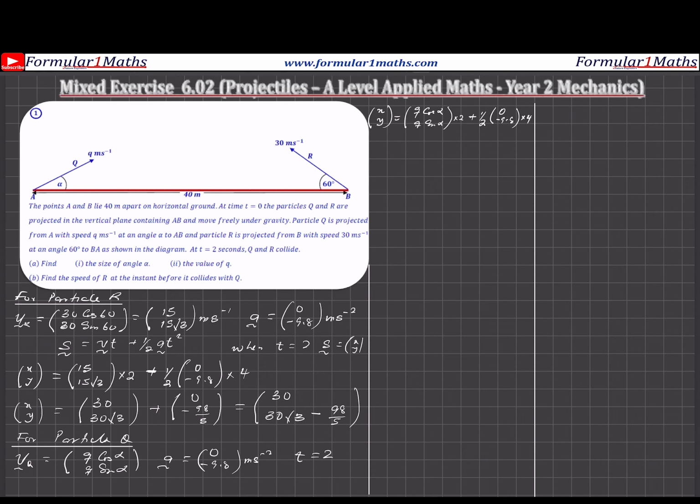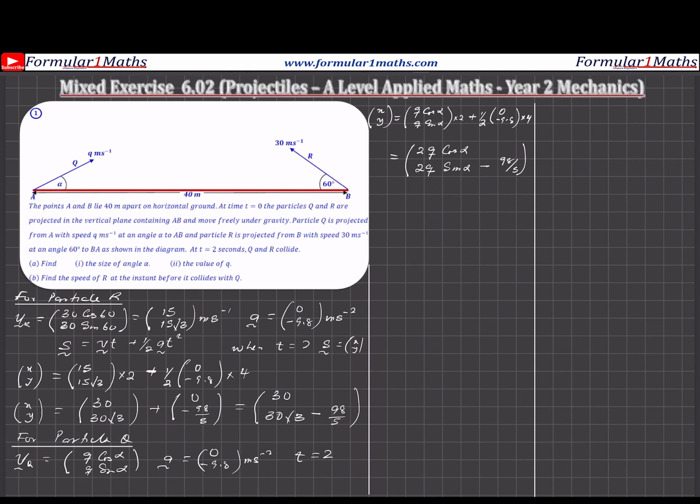So this will simplify to 2q cos alpha and 2q sine alpha minus 98/5, all in vector form.